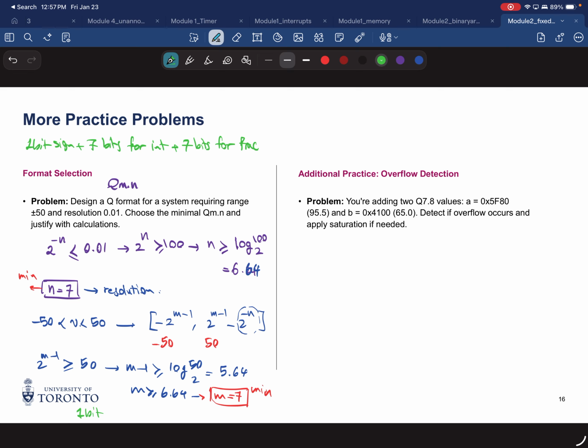I said it in reverse, but you got it. So that's 15 bits. If you want to stick with the standard versions, then it has to be Q, what dot what?